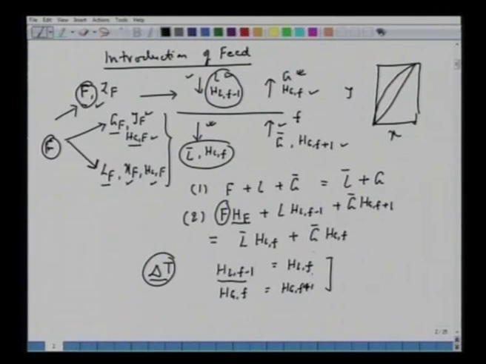Of course, the total energy of this stream and total energy of this stream will be different. So these are the thermodynamic assumptions we are making, realizing that the temperature difference between the two consecutive trays is not much. So with that assumption, one can write this equation as L bar minus L, HL, equal to G bar minus G, Hg.